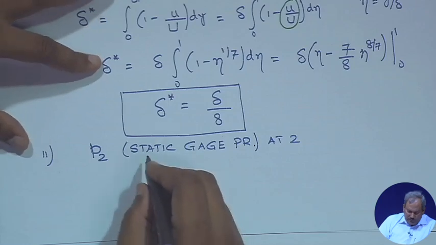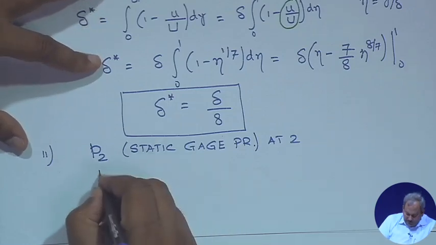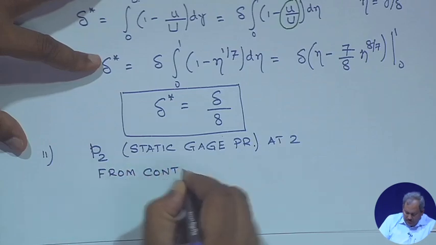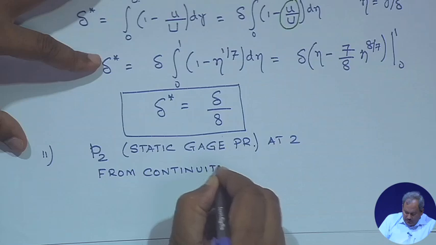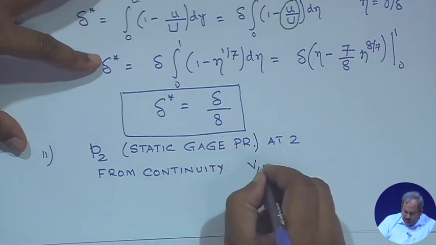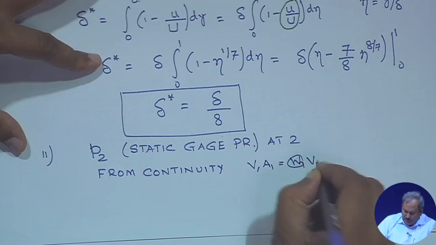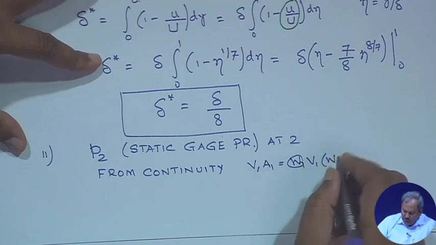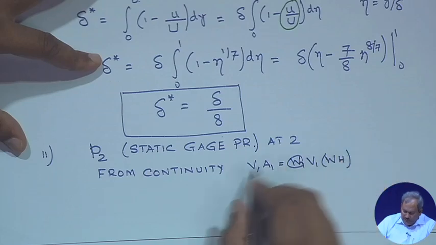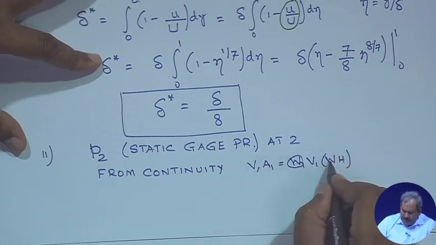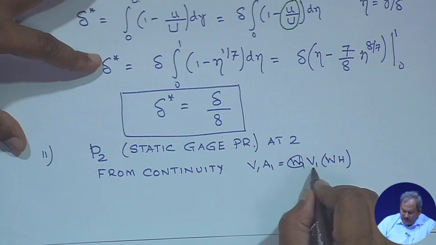So, the first step is from continuity. I can write V1 A1, where A1 is the constant width W times H. At location 1, the entire area is under the constant entry velocity V1.